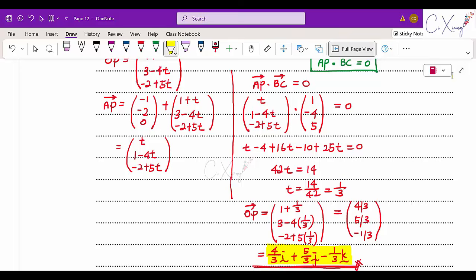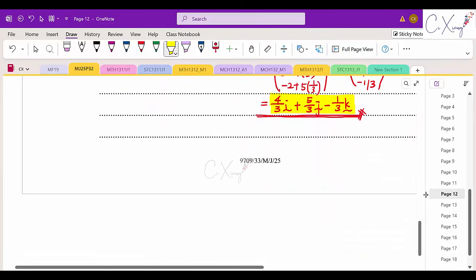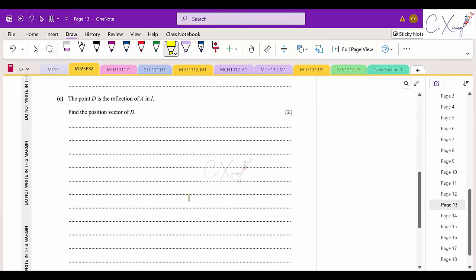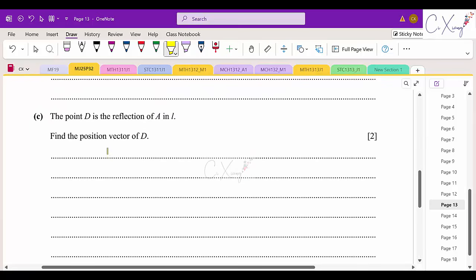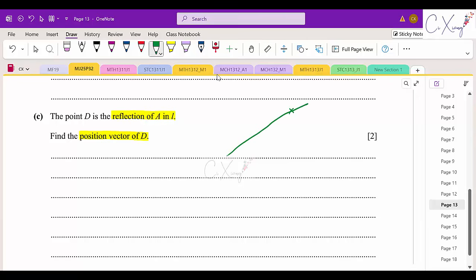Okay, then let's continue further. Part C, right? Now, they are saying that the point D is the reflection of A in L. Find the position vector of D. Again, try to imagine the line one more time.